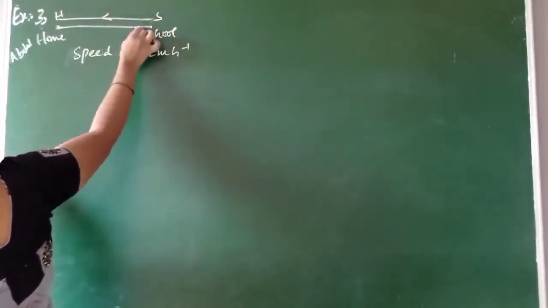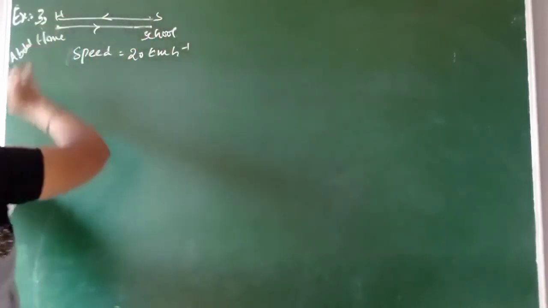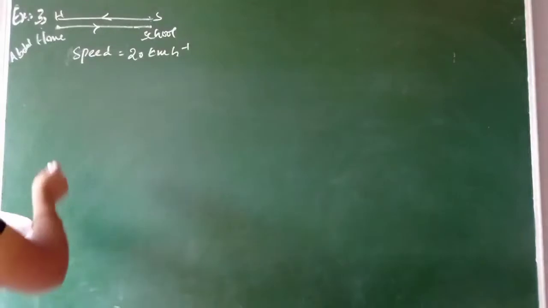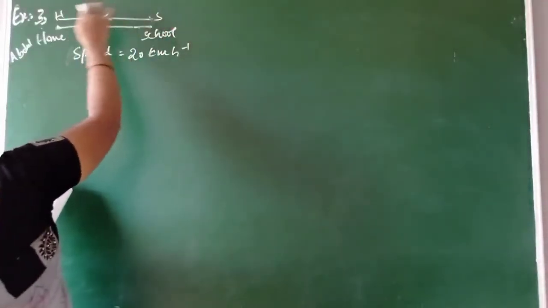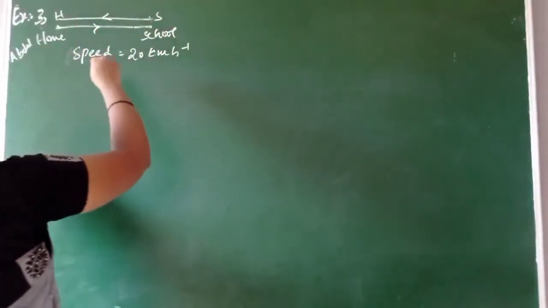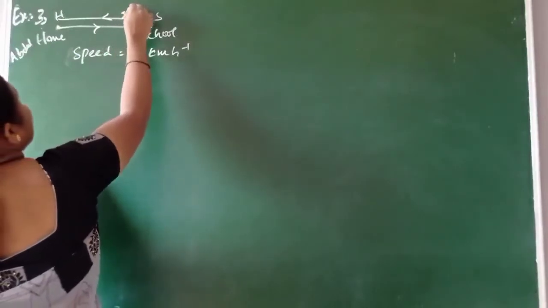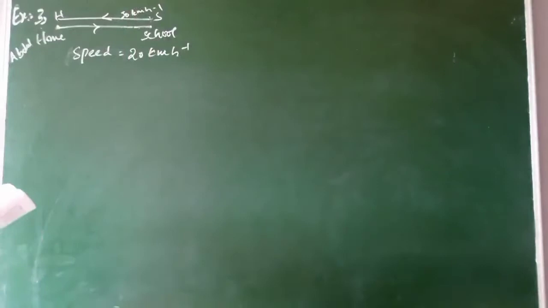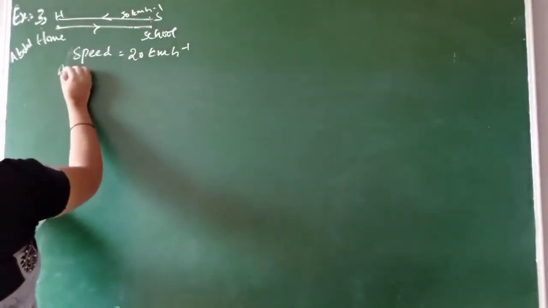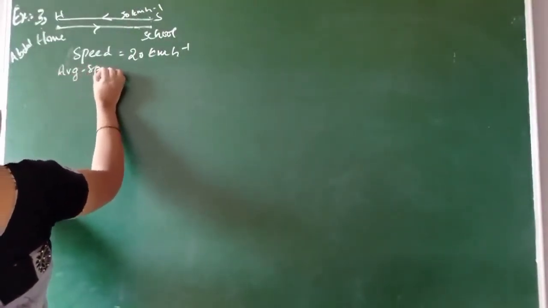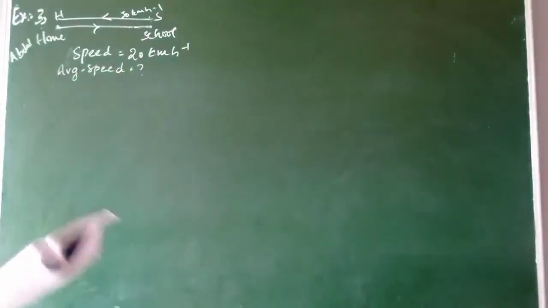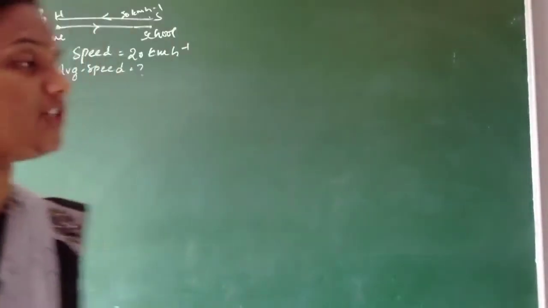First he'll move from home to school, then in the second trip he'll go from school to home and he'll take 30 km per hour, isn't it, children? This is our question. For this we have to calculate the average speed. Okay.